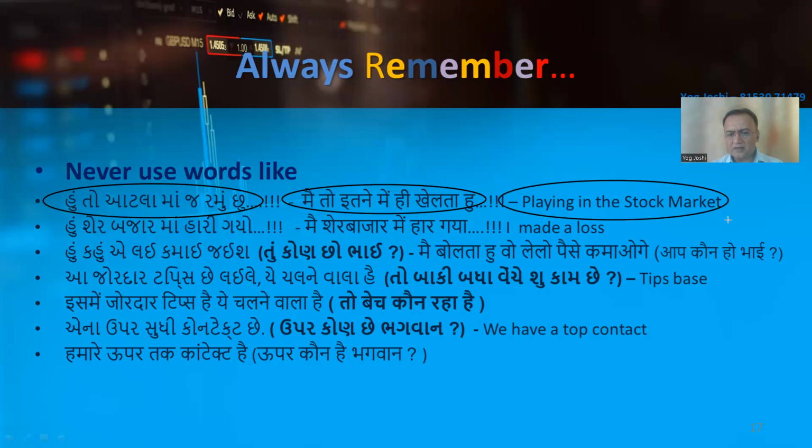If you think about the stock market, technical analysis, or any segment of the market, whether commodity, currency or crypto, never use words like 'I am playing in the stock market,' 'I am playing in the crypto,' 'I am playing in the commodity.' Whatever trading style you have, please consider that it will be your business.